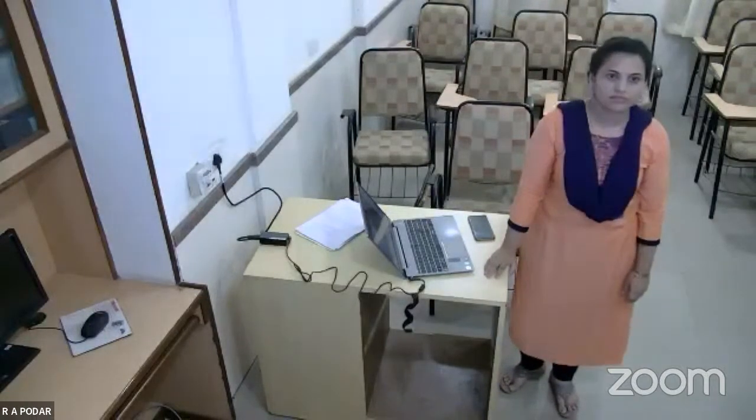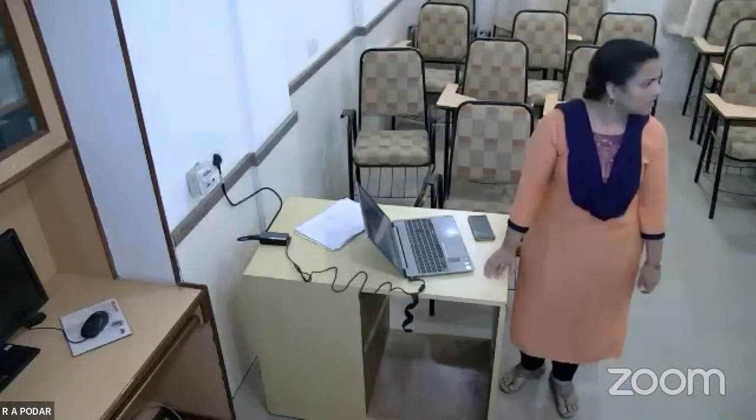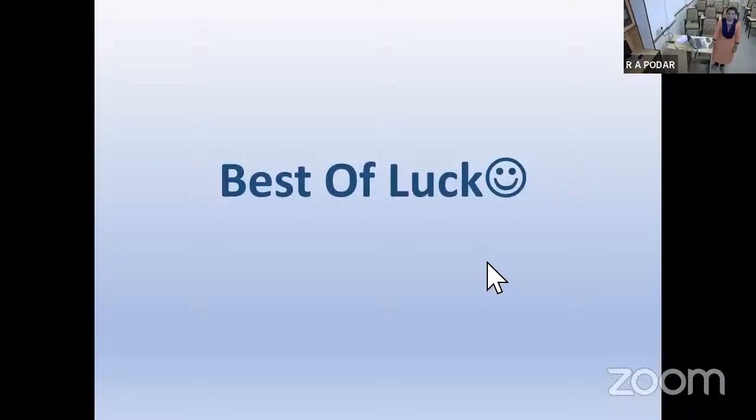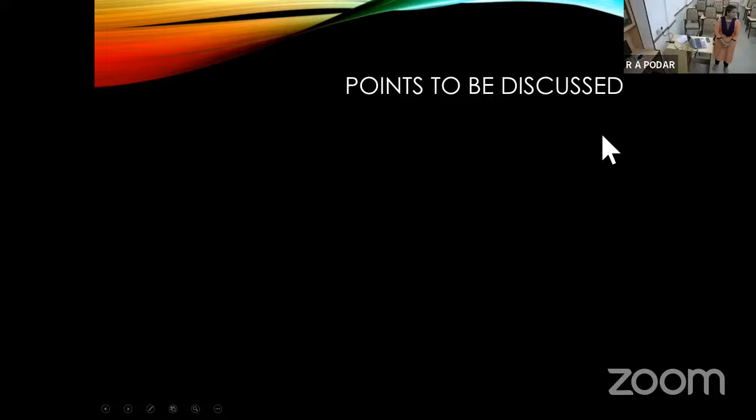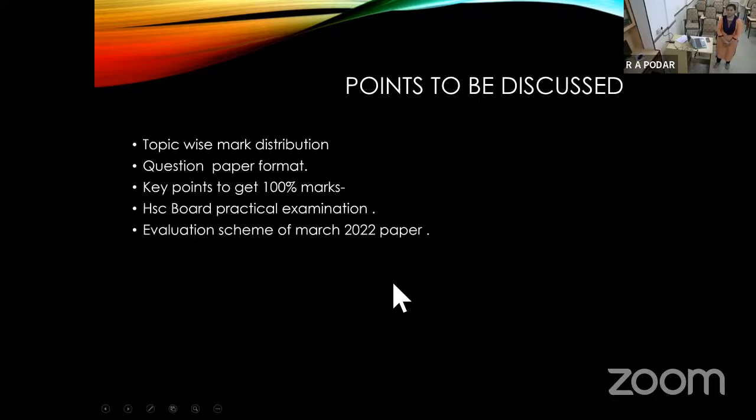So we'll discuss section 2. The points we are going to discuss in section 2 are the topic-wise mark distribution, question paper format, the key points to get 100% marks, and the HSC practical board examination.